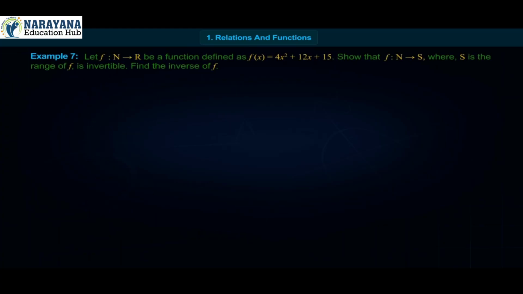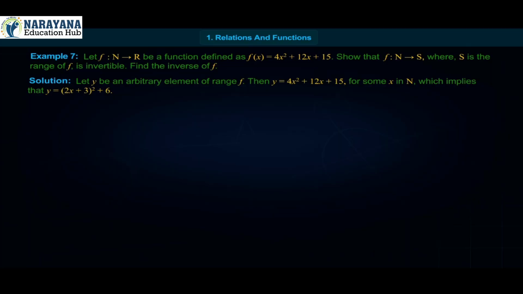Example 7. Let f from N to R be a function defined as f(x) = 4x² + 12x + 15. Show that f from N to S, where S is the range of f, is invertible. Find the inverse of f. Solution: let y be an arbitrary element of the range of f.